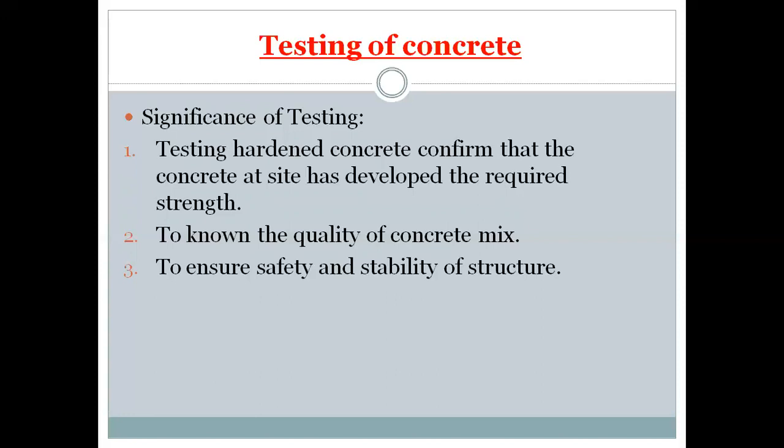For before casting, we have to take the concrete block, that is 150 mm by 150 mm by 150 mm, and check it in a lab, whether it has the required strength or not. But after casting, it is difficult to test the concrete with destruction, that is with breaking.